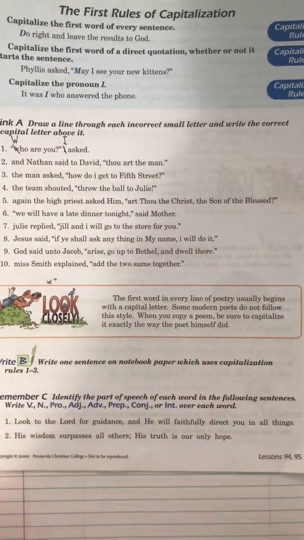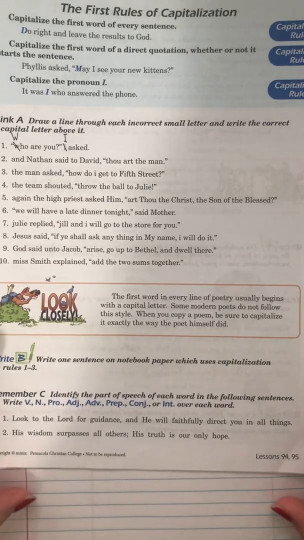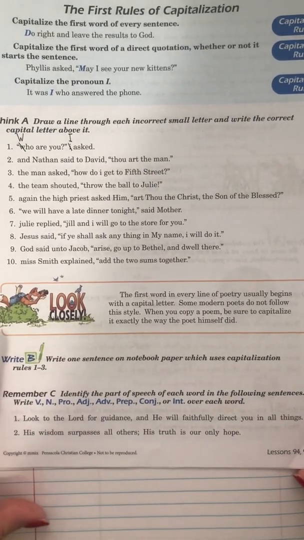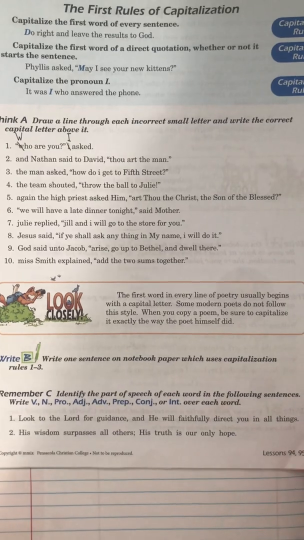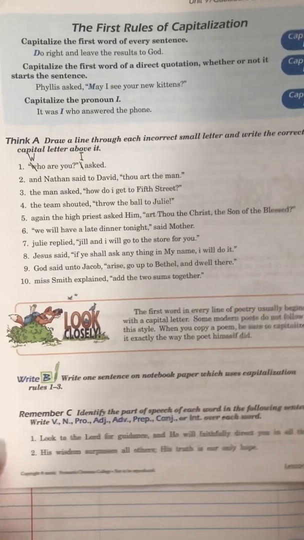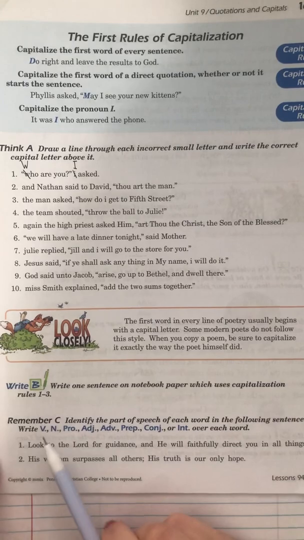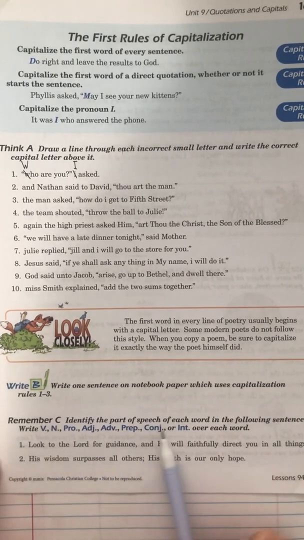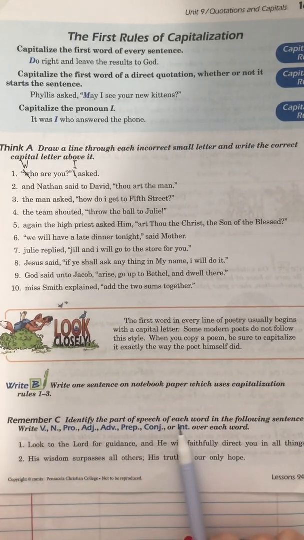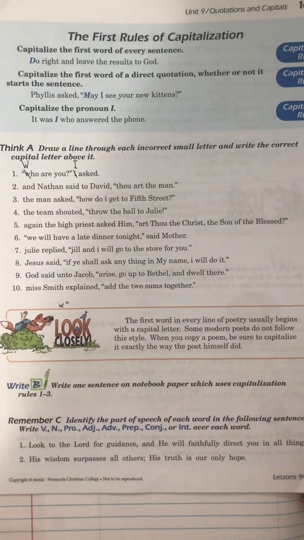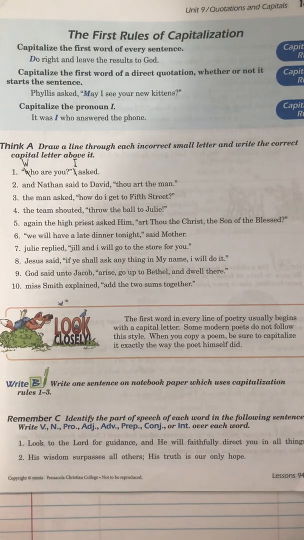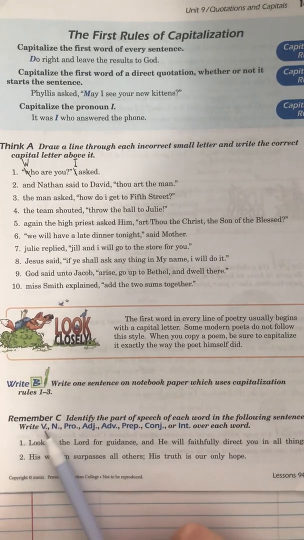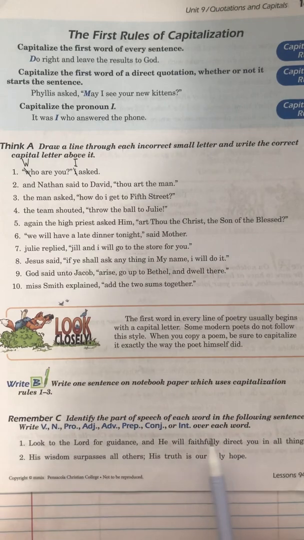Then for Remember C, we're going back. It says identify the part of speech of each word in the following sentences. We've done this a few times. We just did it last week. We have here all of our little contractions that we use over our parts of speech. So you're just going to read the sentences and then write the part of speech on top of the word.